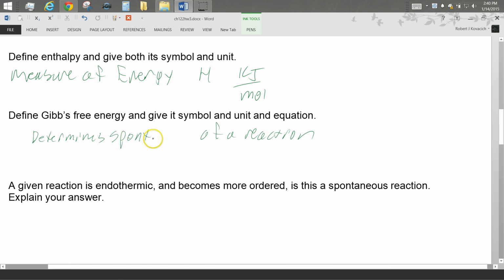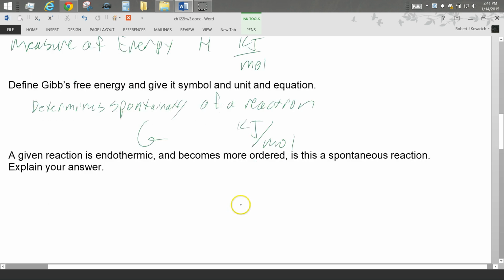I-N or E? T-A-I? That looks terrible, but spontaneity. Yeah, okay. And its symbol is a G, and its units are kilojoules per mole.